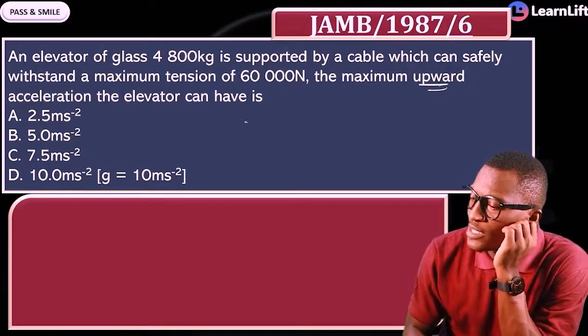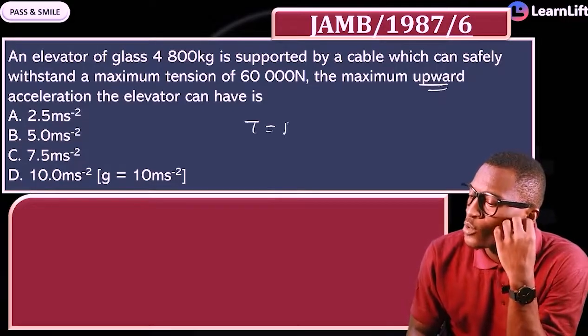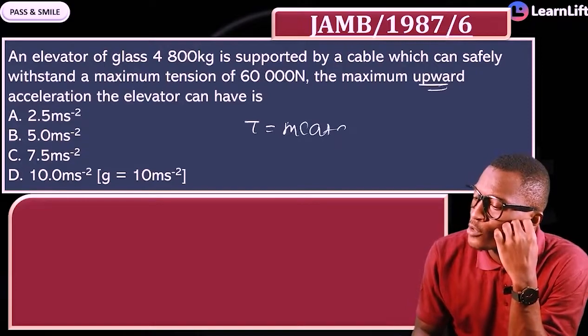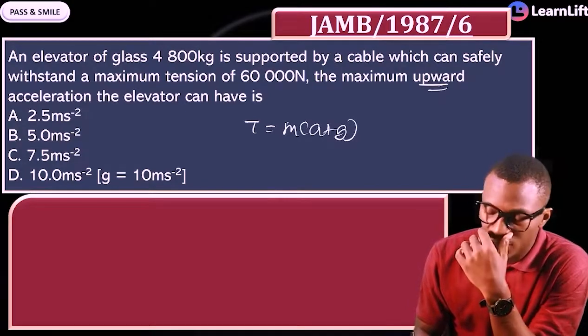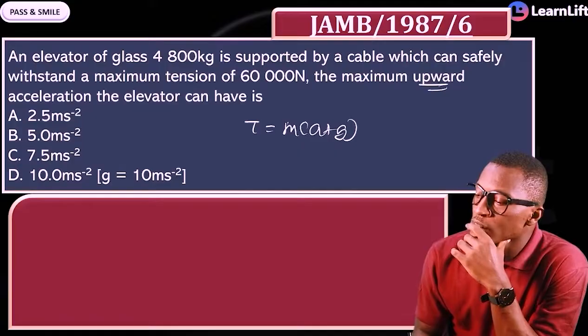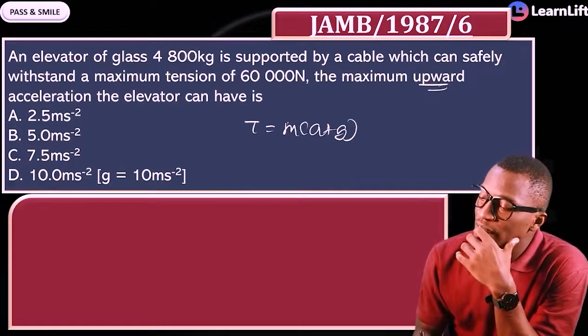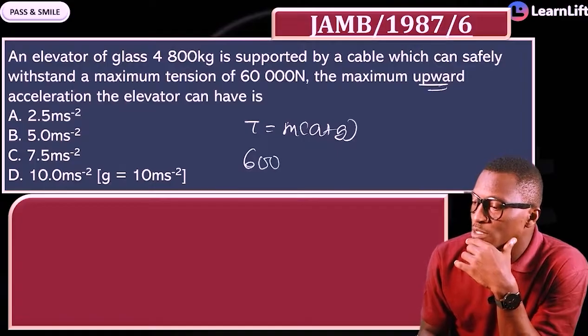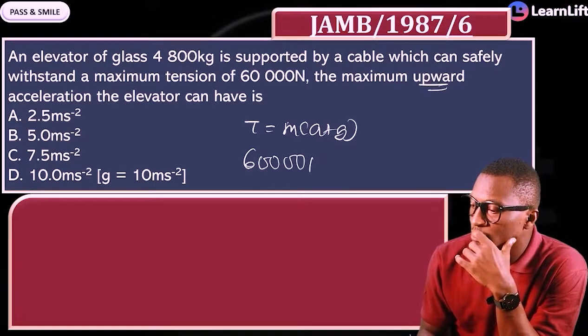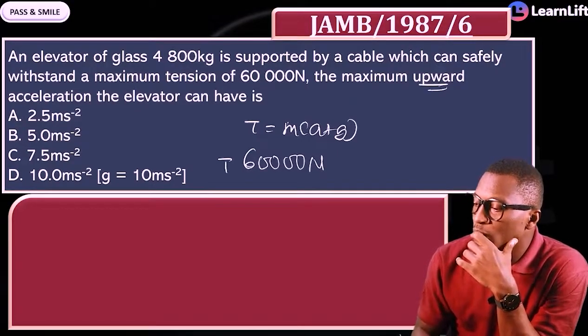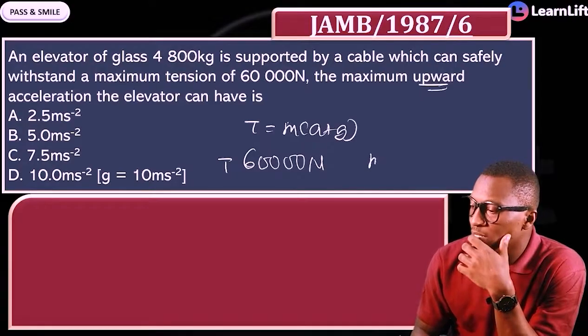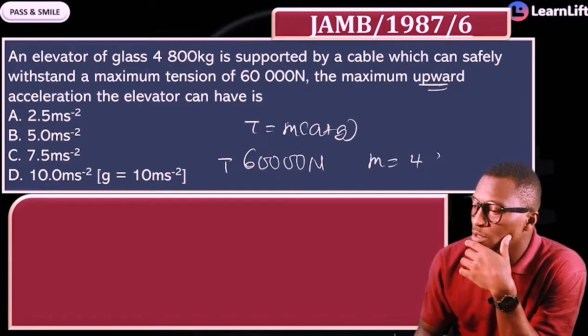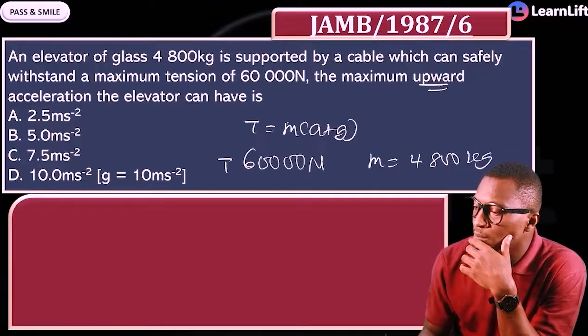What formula? We know that T is equal to M times (A plus G). Are you seeing that? From here, T is the tension, which was given to me as 60,000. We're also given mass to be equal to 4800 kilogram.